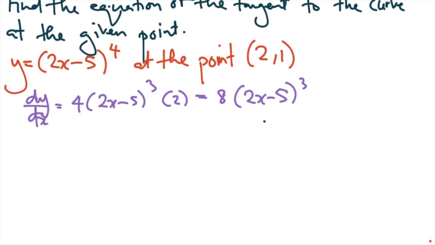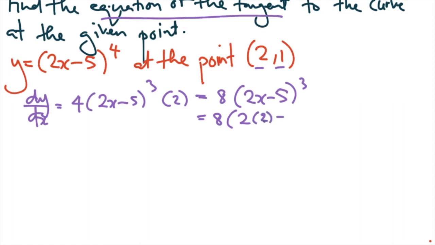And the question here: find the equation of the tangent. So you have to find the gradient of the tangent. How do I do that? Your x coordinate is 2, your y coordinate is 1. We are not bothered about the y coordinate. We just have to plug in our x coordinate, which will give you the gradient at the point (2, 1).